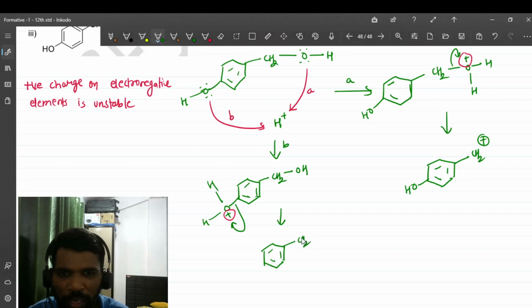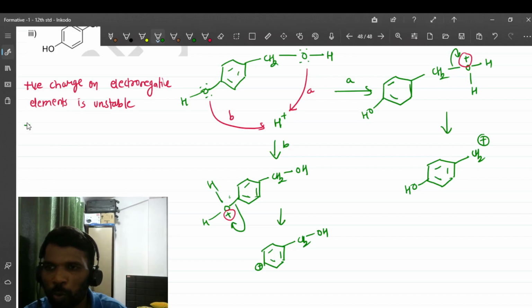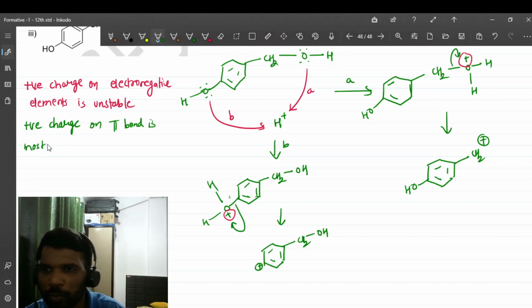It is very difficult to break this bond. I am just showing the possibility. If it is breaking by some means, then the positive charge will be formed on the pi bond, right? Also, positive charge on pi bond is most unstable. There is nothing as unstable as this.